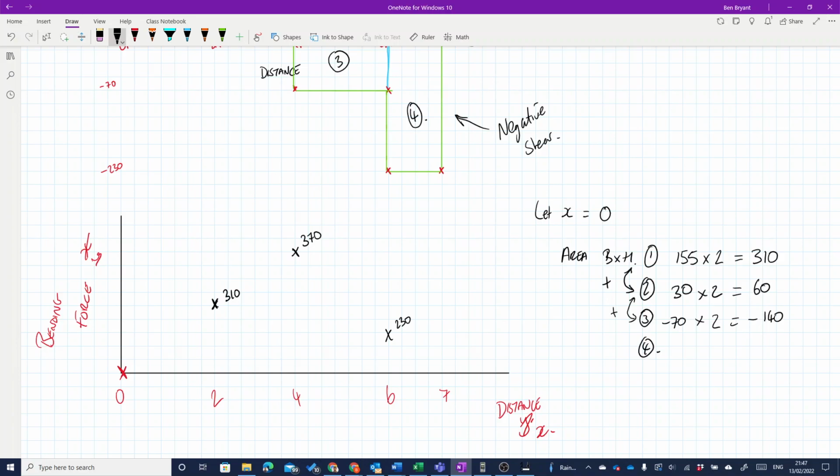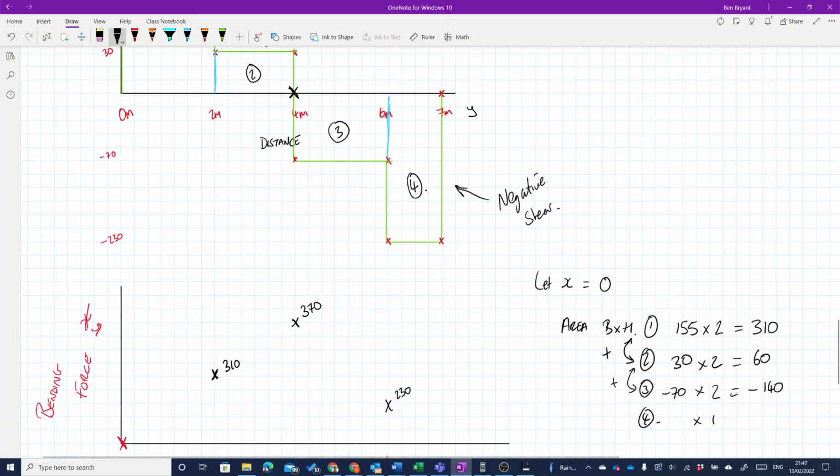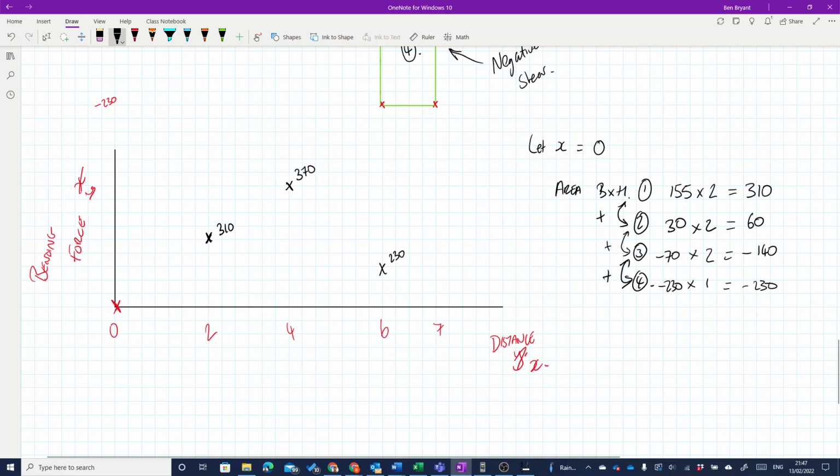At 7, we have a distance of 1 and a load of negative 230, so that equals negative 230, and you've guessed it, 3 into 4 brings us straight into 0.